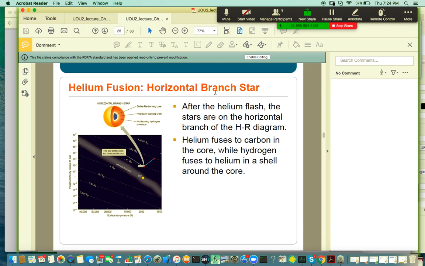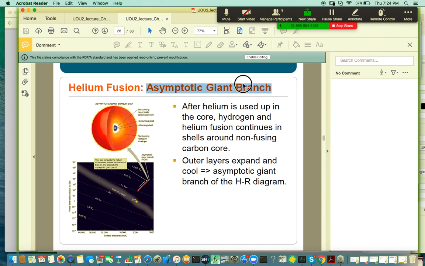And then the star goes to a horizontal branch, and then eventually to an asymptotic giant branch when there are no more fusion reactions going on in the core. So those are the main steps in stellar evolution for a low mass star, as well as for a high mass star. The controlling agent of stellar evolution is the total mass content. More massive stars will evolve faster than low mass stars. Low mass stars will take longer.